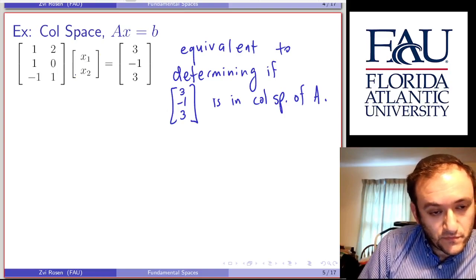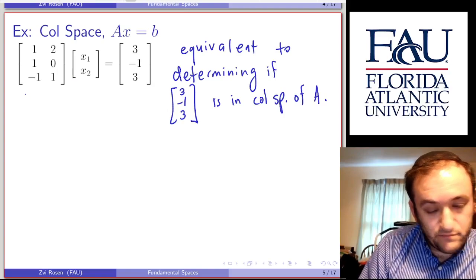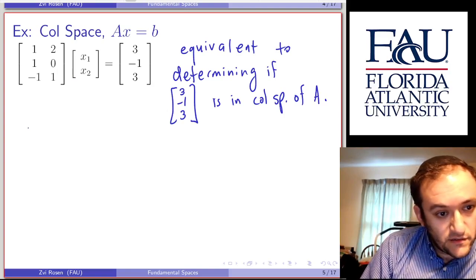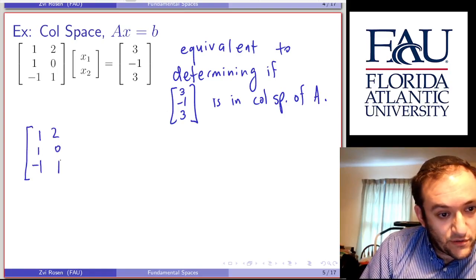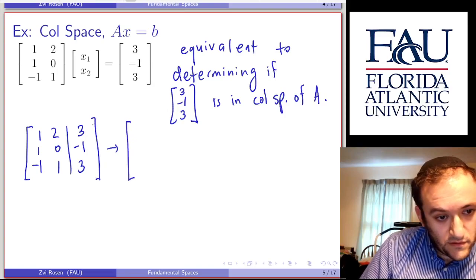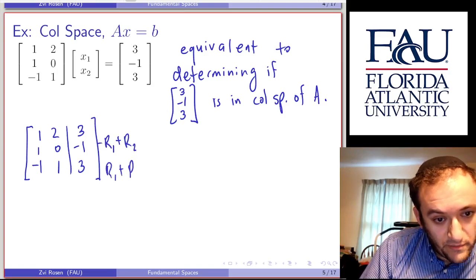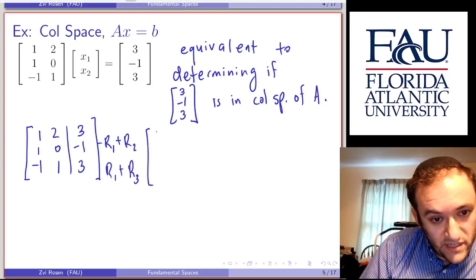So the way we'll determine this is by using the augmented matrix. So we can take 1, 1, minus 1, 2, 0, 1, 3, minus 1, 3. Okay, and this goes to, so we'll use row operations.